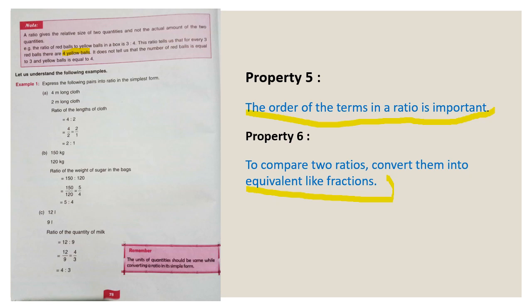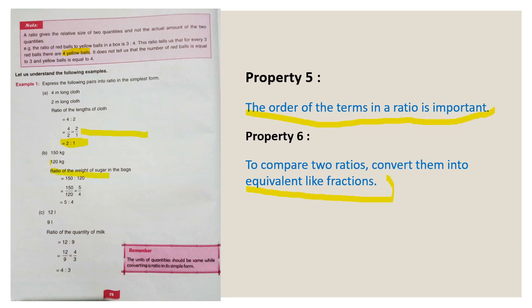Now come to some example questions. Express the following pairs as a ratio in the simplest form. 4 meter long cloth, 2 meter long cloth. It means 4 is to 2. 4 by 2 becomes 2 by 1 in the simplest form. So 2 is to 1 is the required answer. 150 kg, 120 kg.